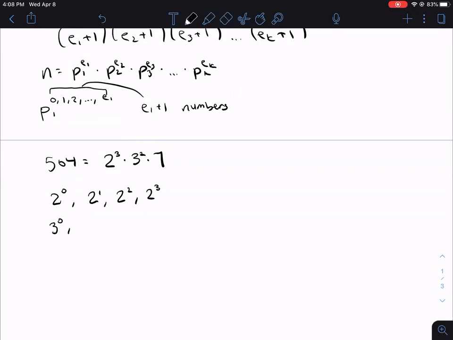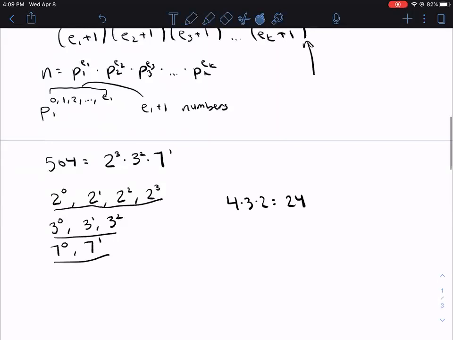So it can be 3 to the 0, 3 to the 1, 3 to the 2. And for 7, it's 7 to the 0 or 7 to the 1. So essentially the idea is to create a factor, we choose 1 out of these 4, 1 out of these 3, and 1 out of these 2. So that would make 4 times 3 times 2, which is 24. And this is also the formula right here.